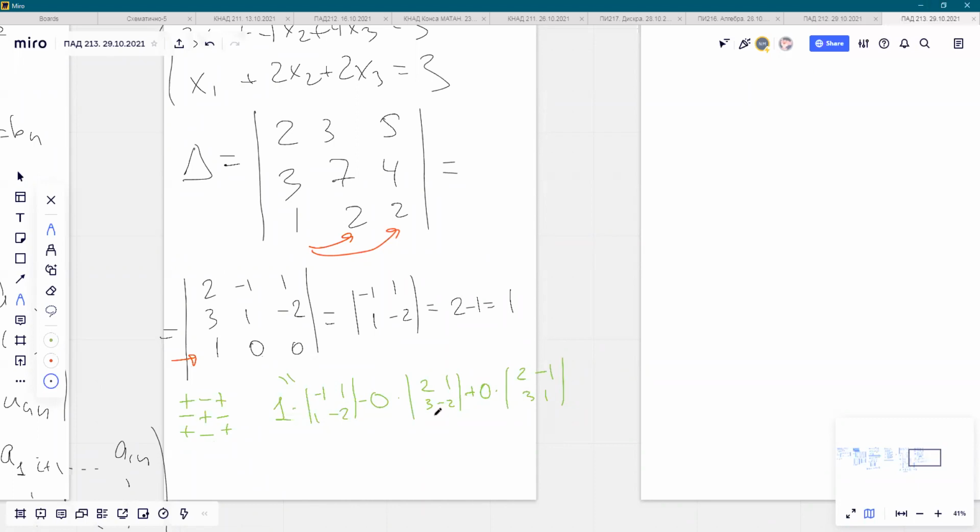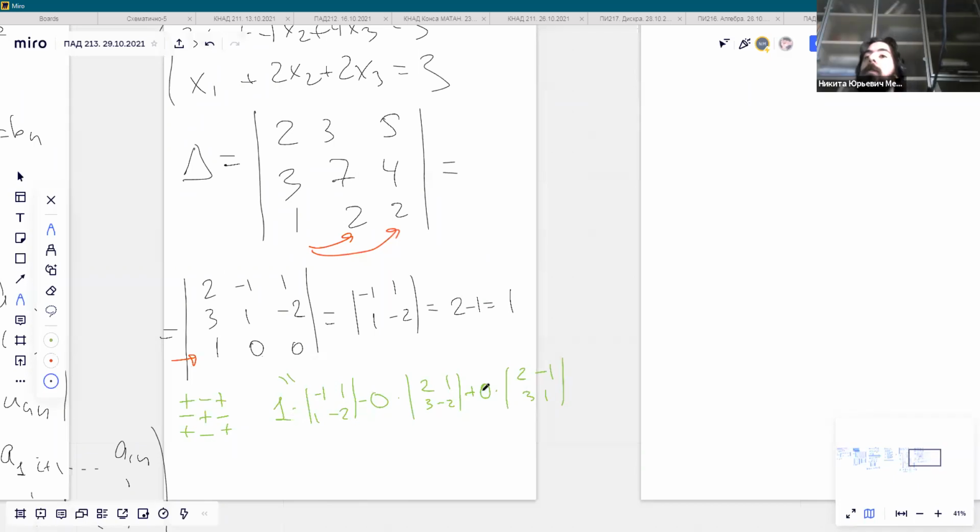Okay, thanks. So the main goal of this method is just to make the bottom row, any row, with zeros. Yes, so if we make enough zeros in any row or any column, I can after that expand by this row. And when 0 gets multiplied by something, there is no need to compute this something.